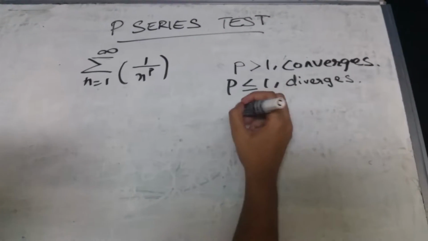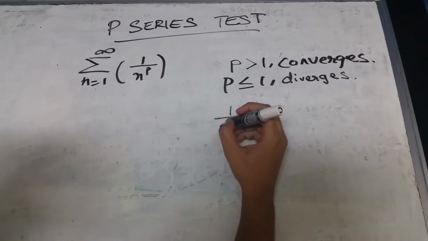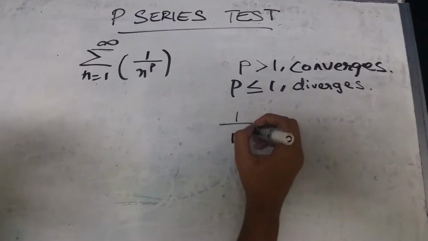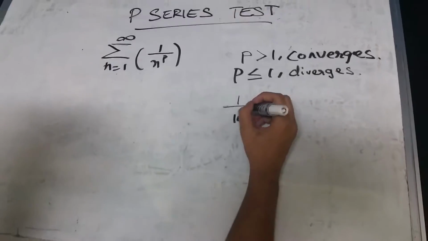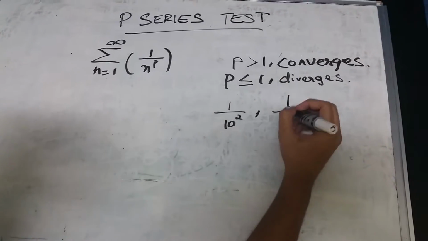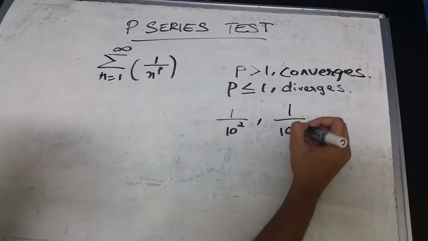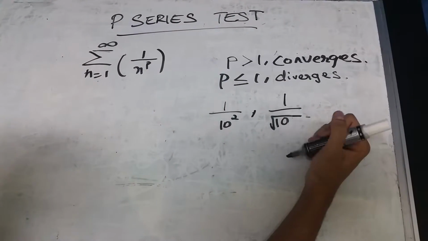A way of looking at it is this way. Let's say for a particular value of n, let's start with 10, 1 over n to the power p. If p is greater than 1, say 10 to the power 2, let's compare it with something less than 1, 10 to the power half, which is the same as the square root of 10.